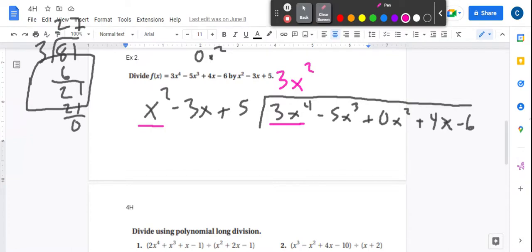So x squared times 3x squared is 3x to the fourth. Negative 3x times 3x squared is negative 9x cubed. And then 5 times 3x squared is 15x squared.